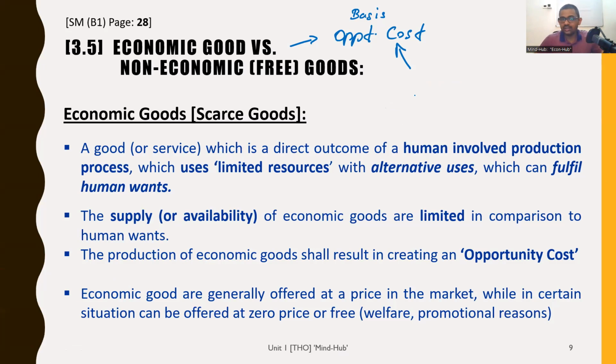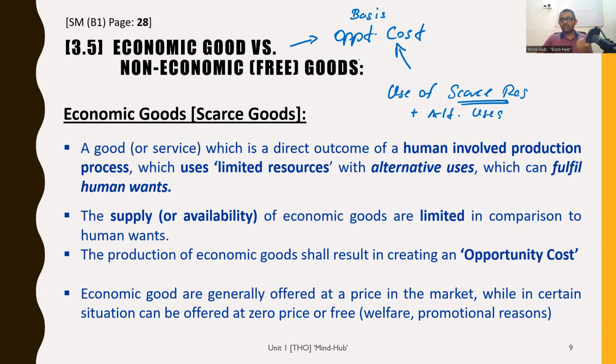It's 6 o'clock anyway. The use of scarce resources, of course, with alternative uses. But the key is the scarce resources. When we use scarce resources, we will end up with opportunity cost.